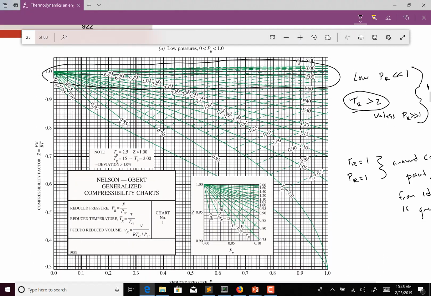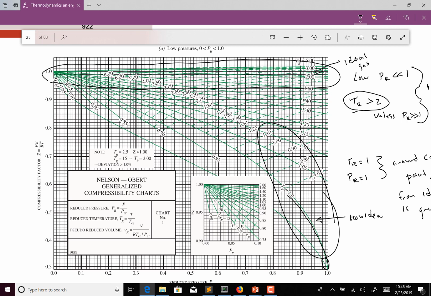So if the reduced temperature is greater than 2, we can probably assume that it's an ideal gas. So basically, if you're in this region of the chart, it's probably a good assumption that you have an ideal gas. If you're somewhere else, like over here, this gas is non-ideal. So like right here, the reduced temperature is 1, reduced pressure is 1, so we can see the deviation is pretty high.